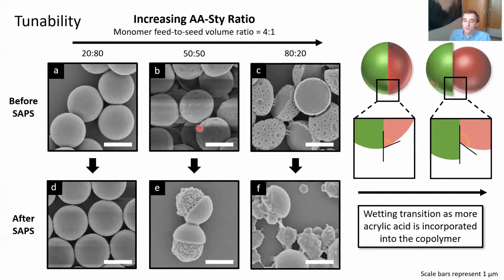But as we increase the concentration of acrylic acid, this copolymer composition becomes more distinct from the linear polystyrene. And so this contact angle gets larger, we end up with this lip here, and then finally, once this contact angle gets large enough, this toluene droplet breaks free from this hemisphere, and we end up with kind of a messy solution where we have all the domains in their own little clumps.